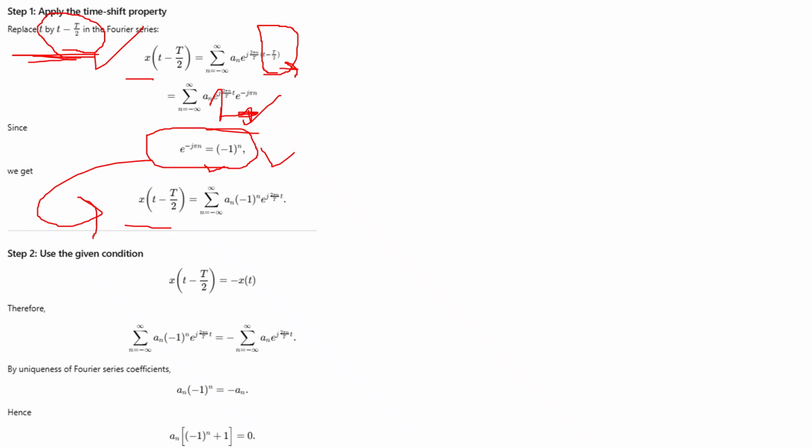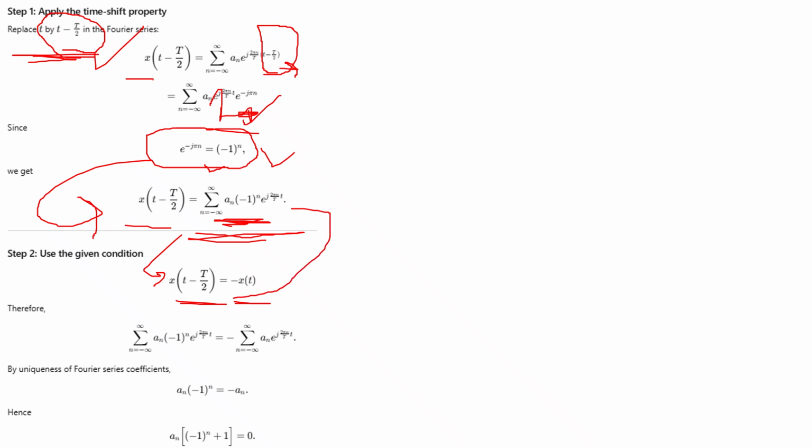So using that property you can also write like this, and since in the question itself it is given that x(t minus T by 2) is equal to minus x(t), we can rewrite this in the form of the Fourier series, based on our assumptions, right? In the question itself it is given that if you are shifting by T by 2, then it will be minus x(t). So here finally we are going to use this equation.